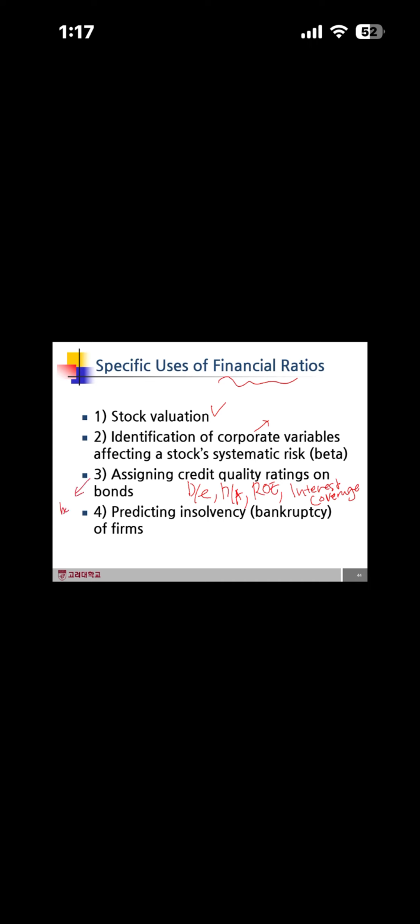For bonds, there are credit ratings such as AAA, which has lower default risk, and AA, single A, BBB, BB or B. So these credit ratings indicate a firm's probability of default. This is a kind of solvency credit rating, and these ratios can also be used to predict the likelihood of the firm's bankruptcy.